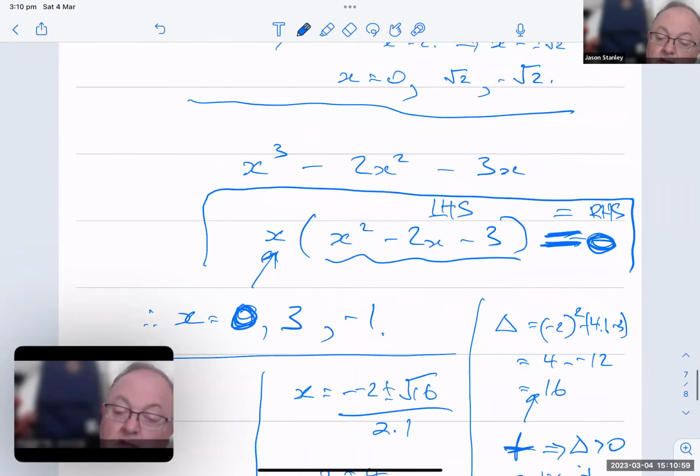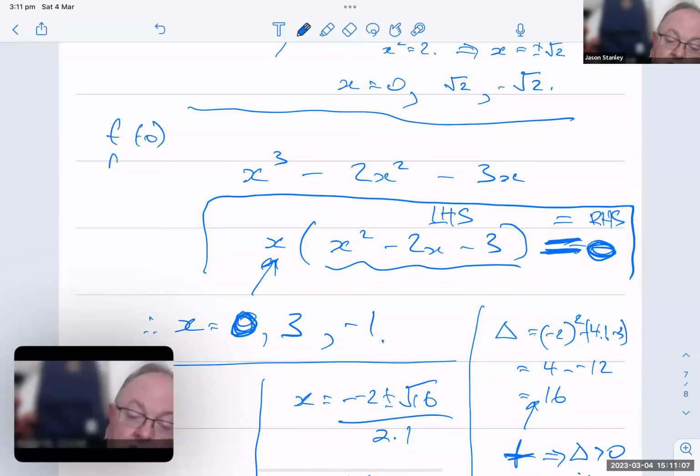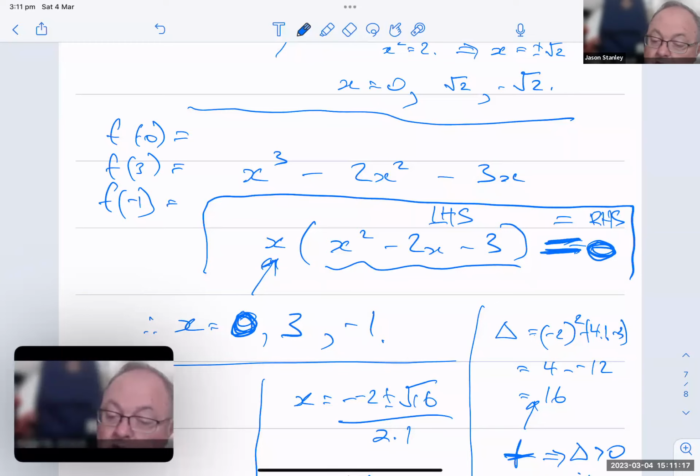So you can check that using your function notation. Whenever you get these solutions, you can come back up here and we can put 0 in, 3 in, and minus 1 in, and we should get, what should we get? We should get 0. So in the first one, it's trivial because 0 cubed minus 2 times 0 squared minus 3 times 0 is 0.